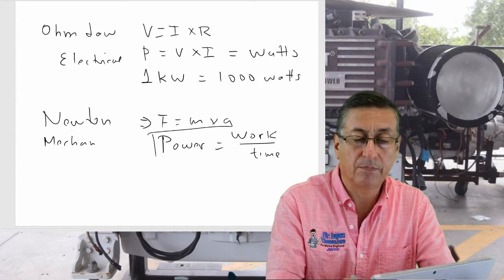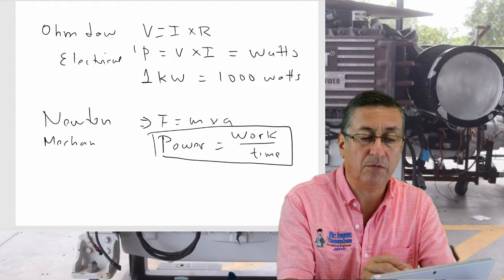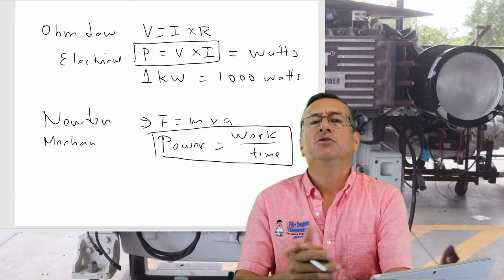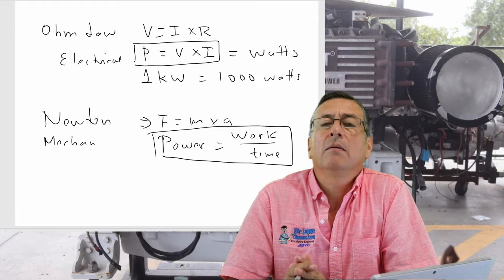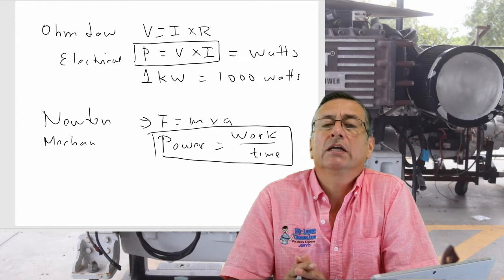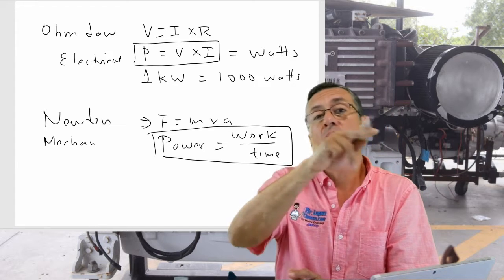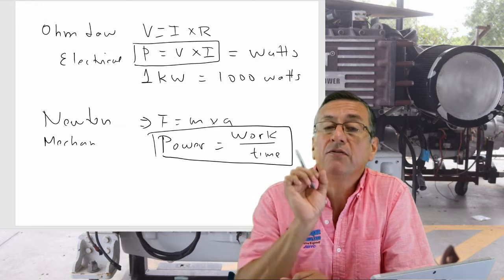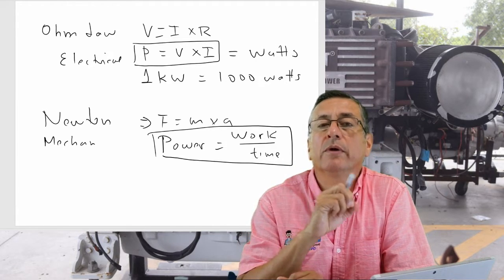This is the formula for power in mechanical system, and this is the formula for power in electrical system. It's possible that I convert mechanical power into electrical power, or vice versa, electrical power into mechanical power. Yes, it's possible. There is a magic formula to convert mechanical power into electrical or electrical into mechanical.